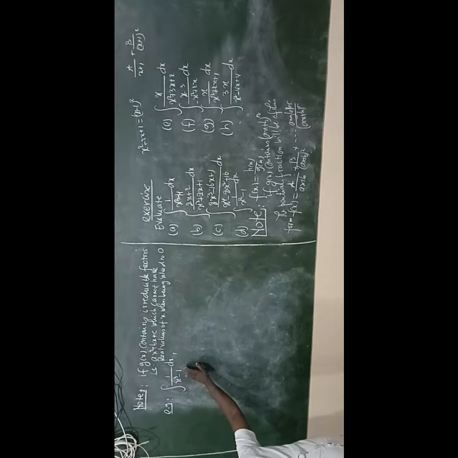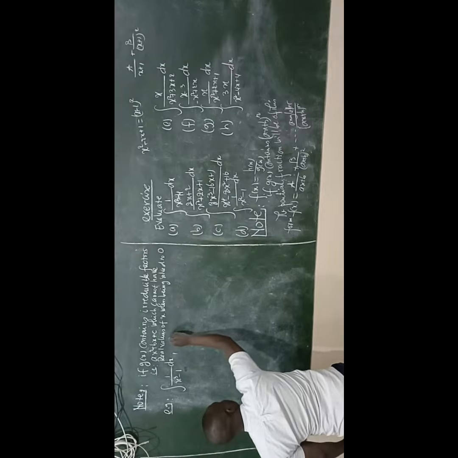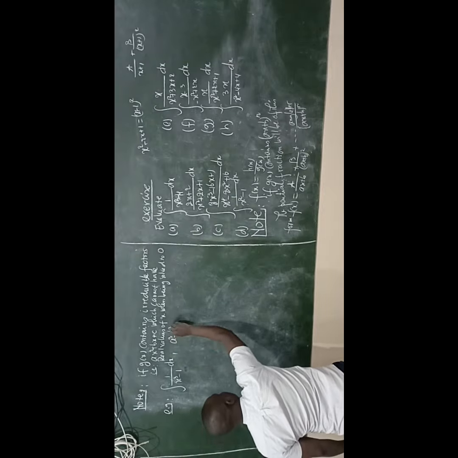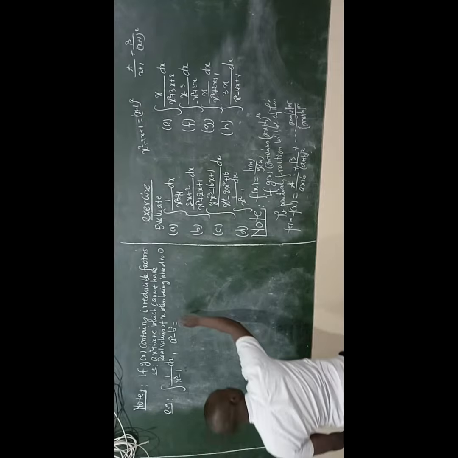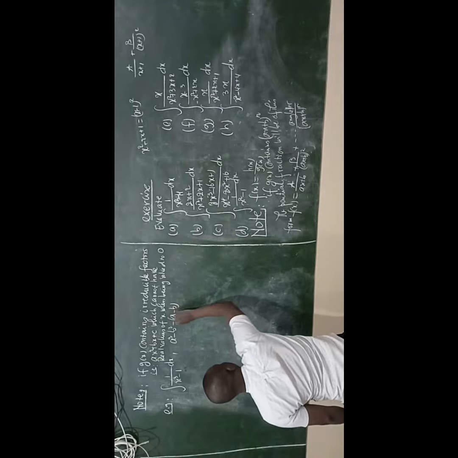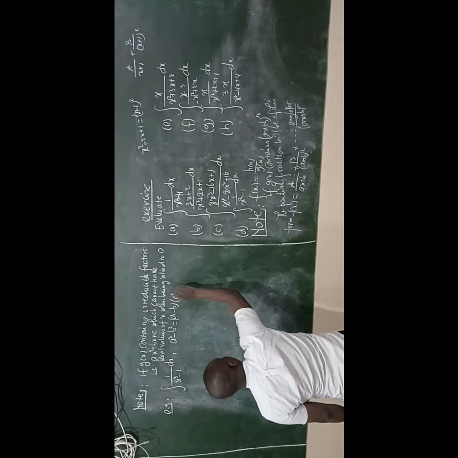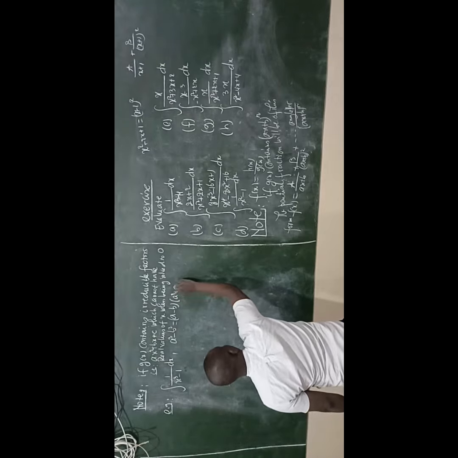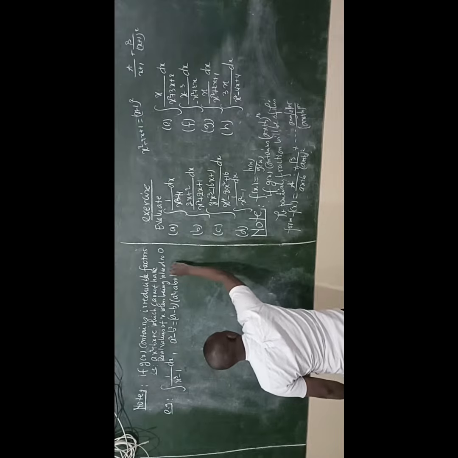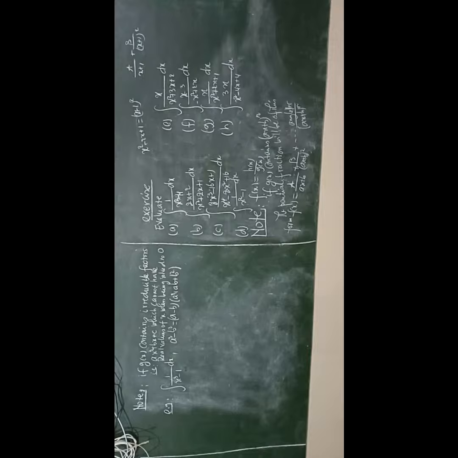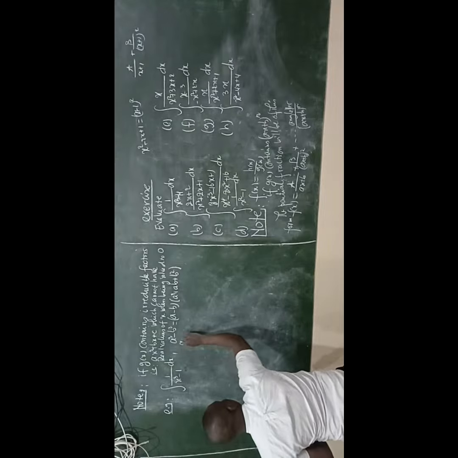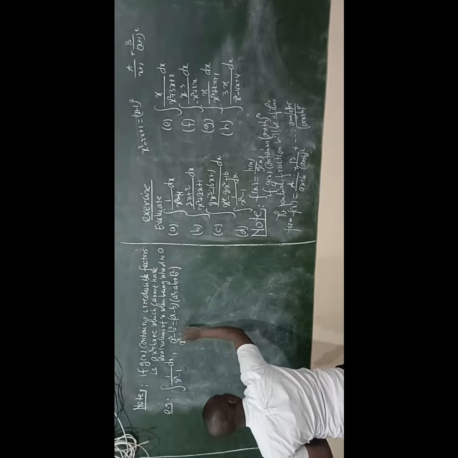Before doing this, I do want to remind you this property: a power 3 minus b power 3. What is this? This is a minus b into a squared plus ab plus b squared.